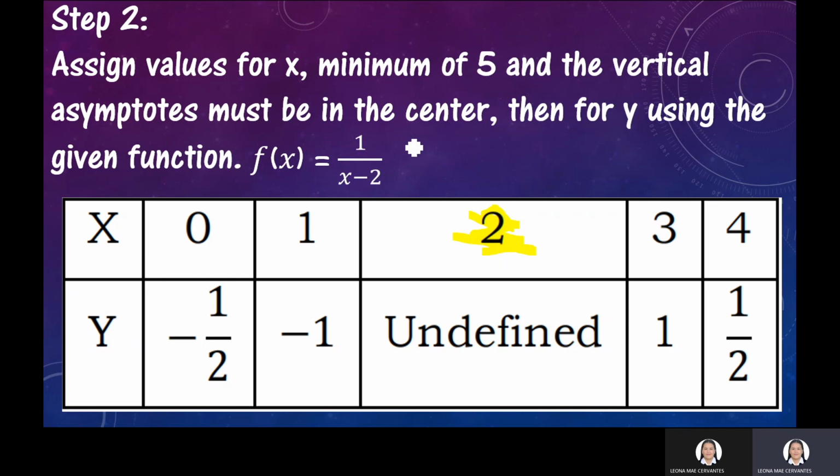So, unahin natin yung 0. So, we have 1 over 0 minus 2. 0 minus 2 is negative 2.